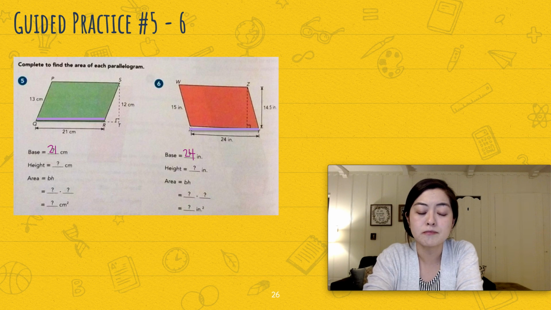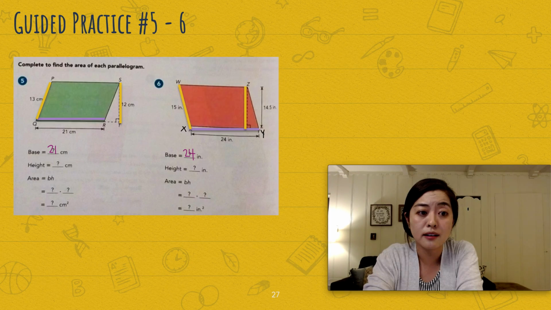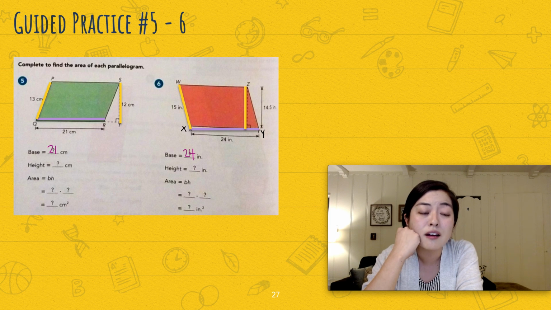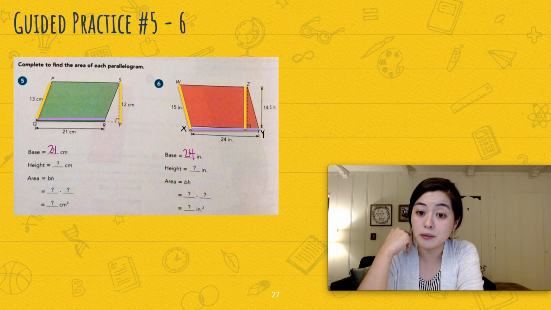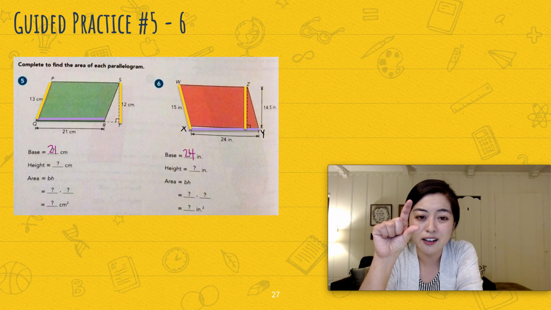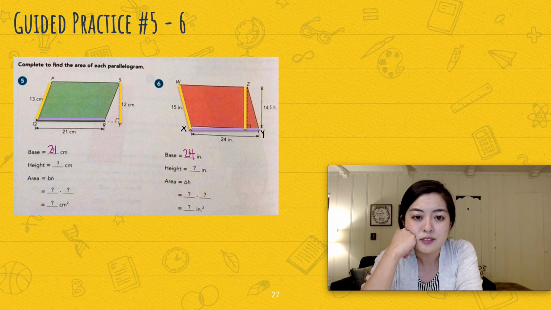For number 5, it could be PQ or it could be ST. For number 6, it could be just that dotted line under Z. So which one is the height out of those 2 choices?